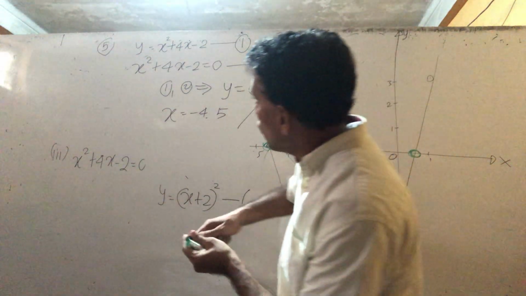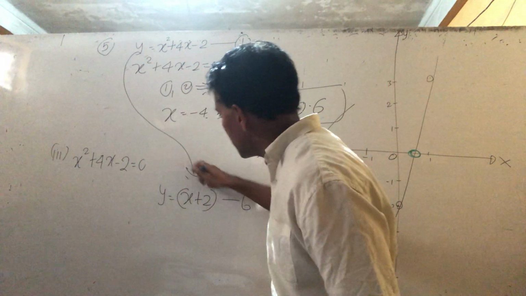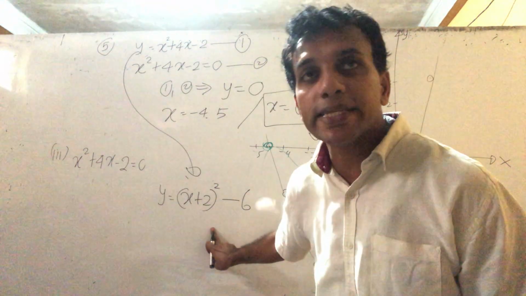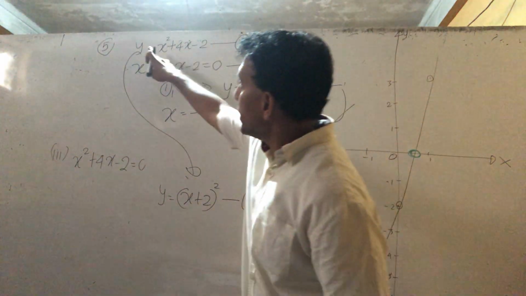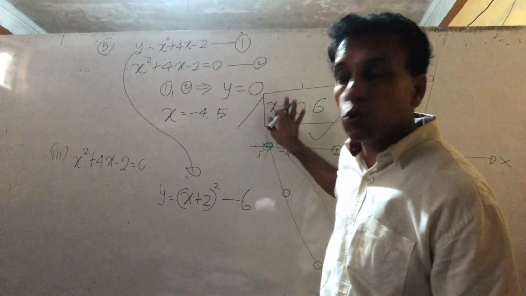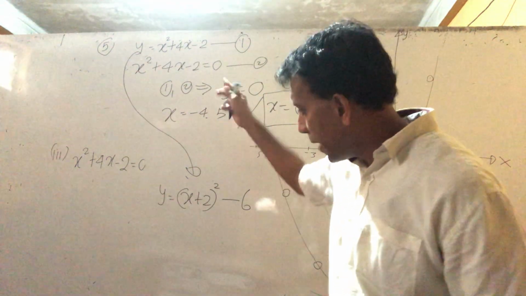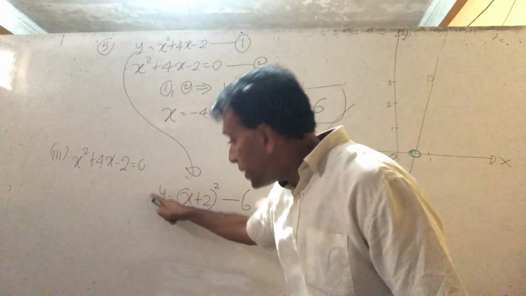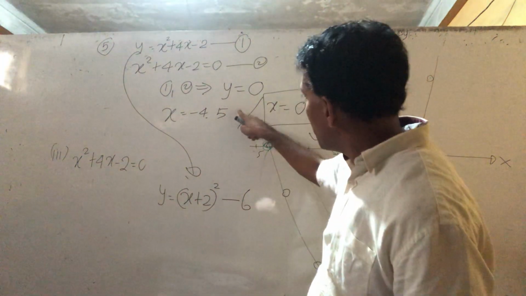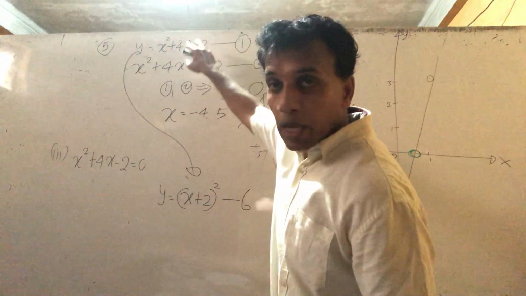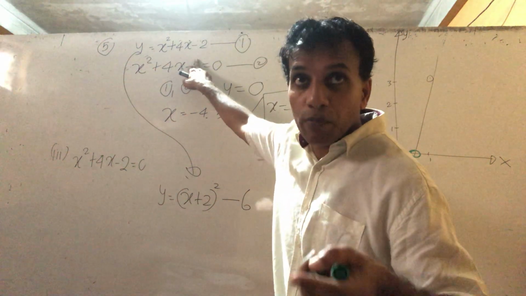The same equation, this pattern. So here y is 0, we got the two solutions. The same thing here, y is 0, we get the same answer. So this is the same equation, try to understand this important part.